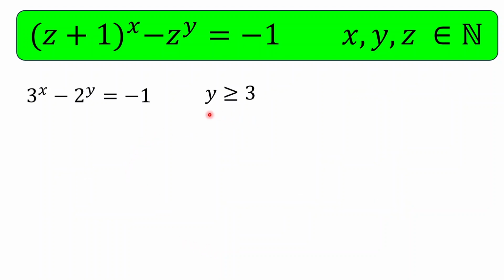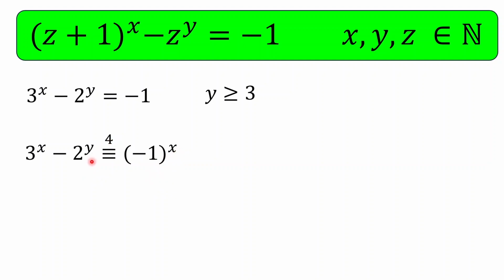Let's see what happens for this scenario. Let's evaluate the left side of this equation modulo 4. 3 modulo 4 is minus 1, so it's (-1)^x. Because y is at least 3, 2^y will have at least 8 inside it. So 8 modulo 4 is 0, so this part modulo 4 will be 0. So the whole left side modulo 4 will be (-1)^x.